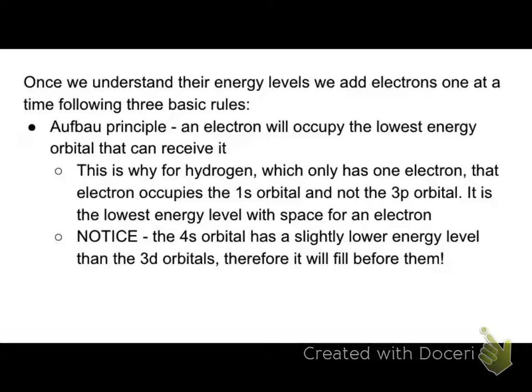However, we have to remember that just because something is in a higher main energy level does not always mean that it is a higher energy level, and that's the case with the 4s and the 3d orbitals. The 4s orbital is in a higher main energy level; however, because of complicated things beyond the scope of what I'm going to explain in this class, it is slightly lower in energy than the 3d orbitals. Therefore, it's going to fill first, according to the Aufbau principle.